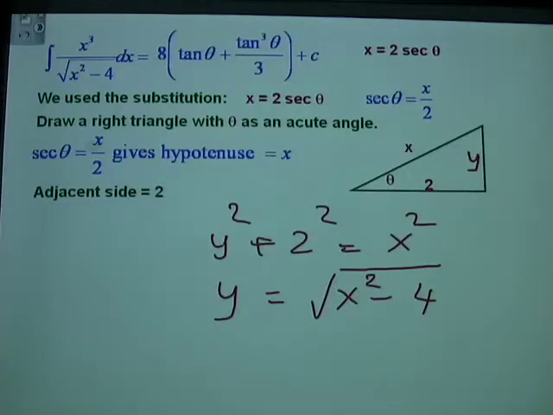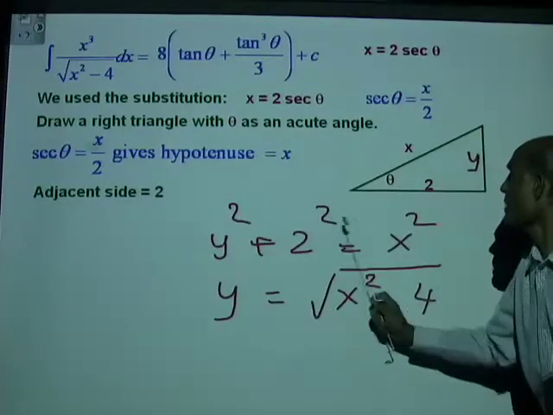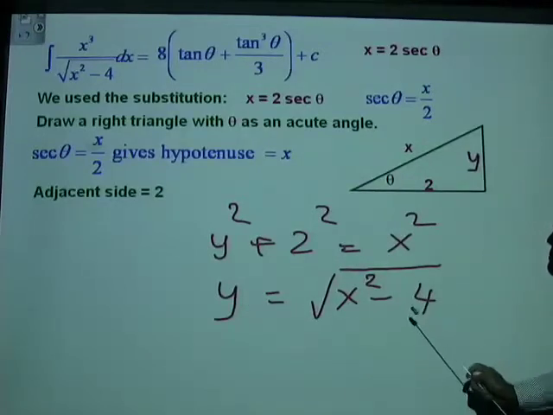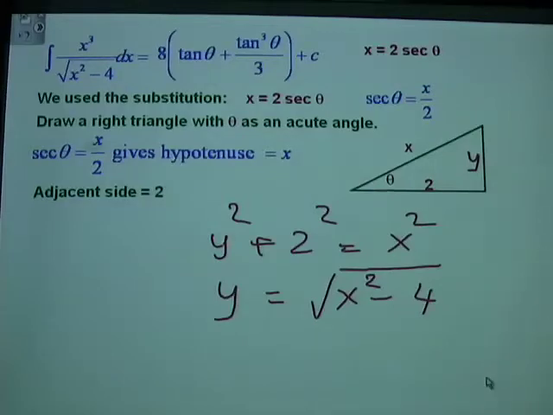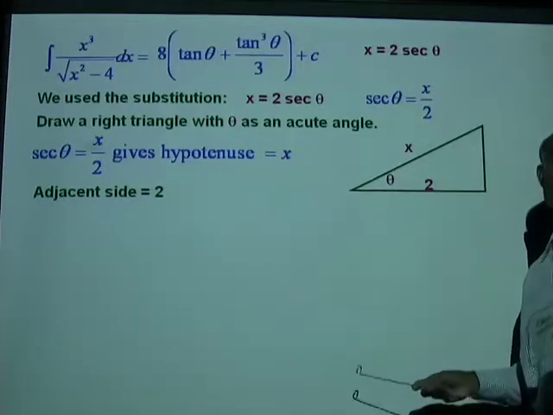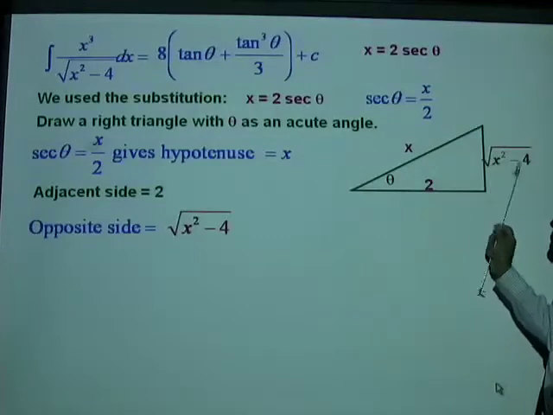Is that right? Yes. Because y squared plus 2 squared equal to x squared, y squared is x squared minus 4, or y equal to square root of x squared minus 4. So the opposite side will be square root of x squared minus 4. There you go. So we label the opposite side.